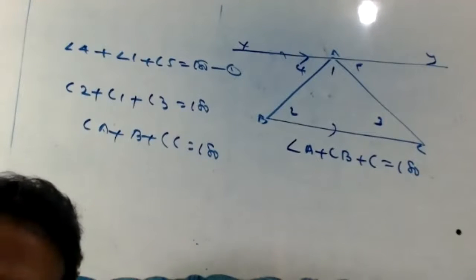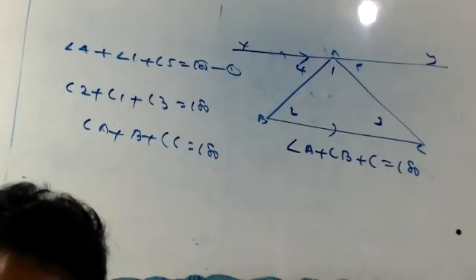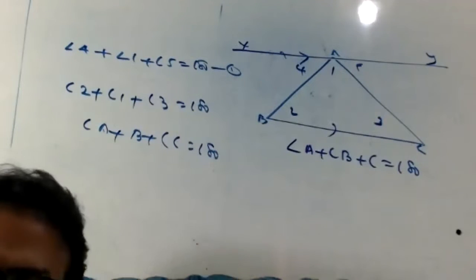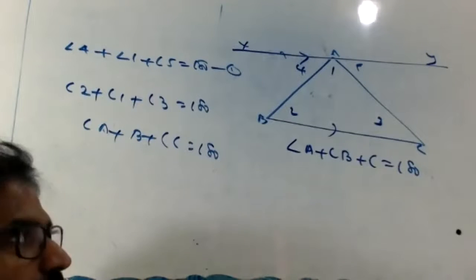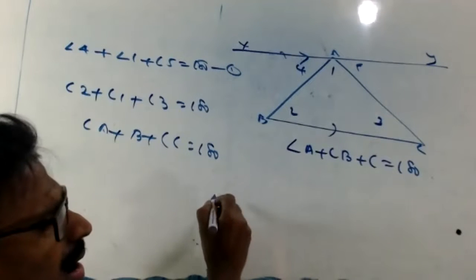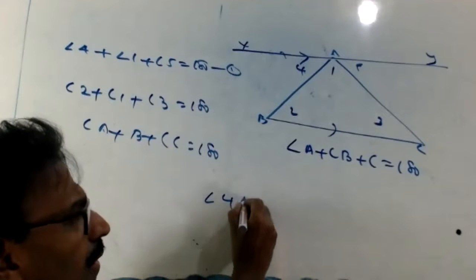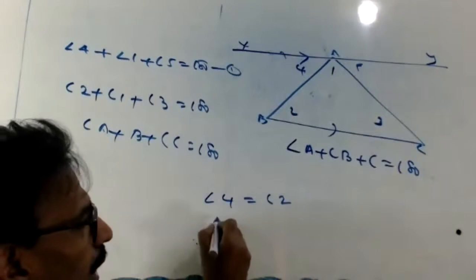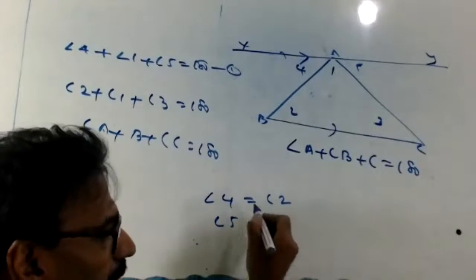Now, finished. I have another method, just for information. Don't write. Look. Angle 4 equals angle 2. Angle 5 equals angle 3.